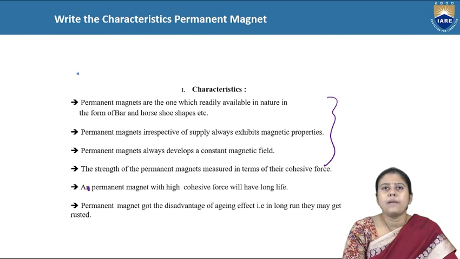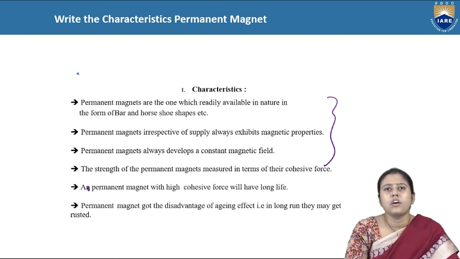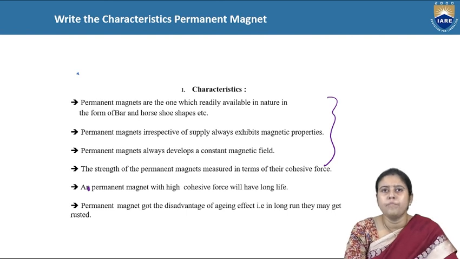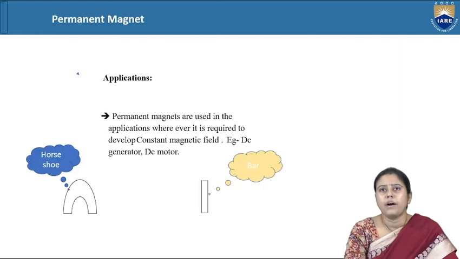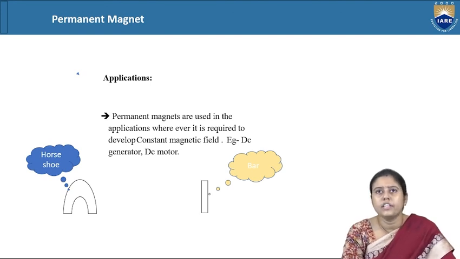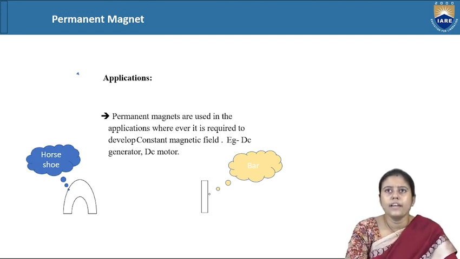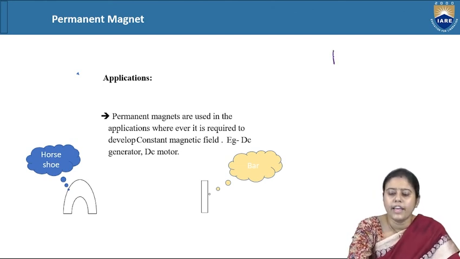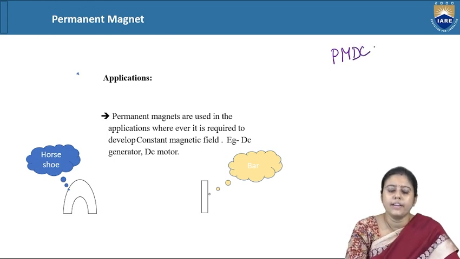If we use a permanent magnet for a long time, due to corrosion and environmental conditions, it will get rusted and lose its power. So what are the applications? Permanent magnets are used where it is required to develop a constant magnetic field. An example is PMDC, permanent magnet DC.